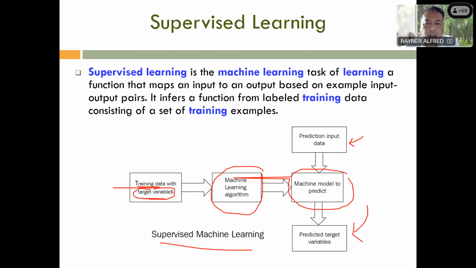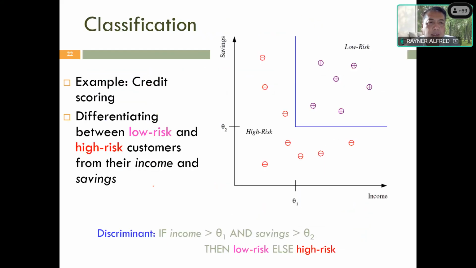Okay, so if you compare with the unsupervised, this is just the example. So we have positive and negative sample. So how do we classify them? We need to be able to draw this boundary to say that, okay, whatever above theta 2 or whatever above theta 1, so they belong to positive sample, which is low risk customer.